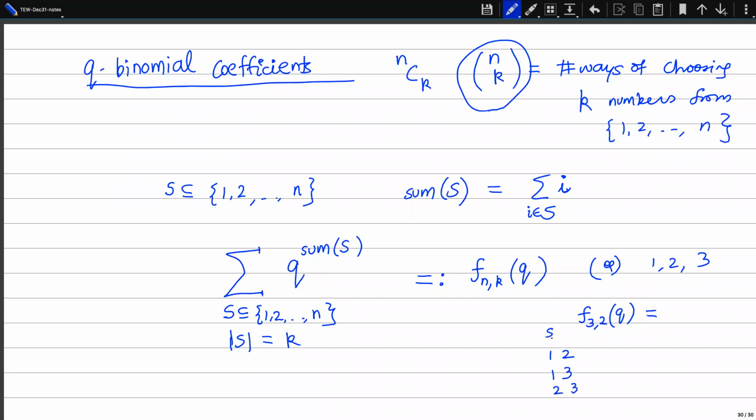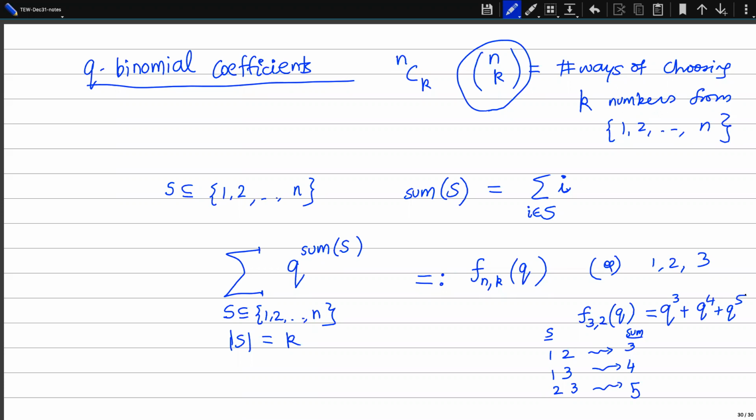These are the three possible subsets S. For each subset, I keep track of its sum: 1 plus 2 is 3, 1 plus 3 is 4, 2 plus 3 is 5. So the polynomial is q cubed plus q power 4 plus q power 5. Is my definition clear?